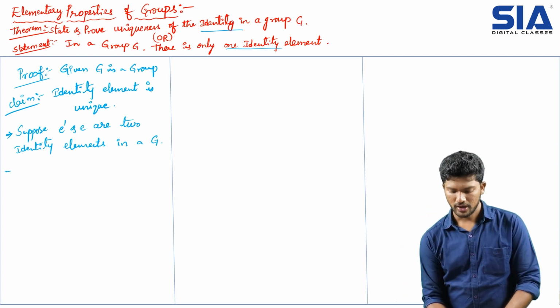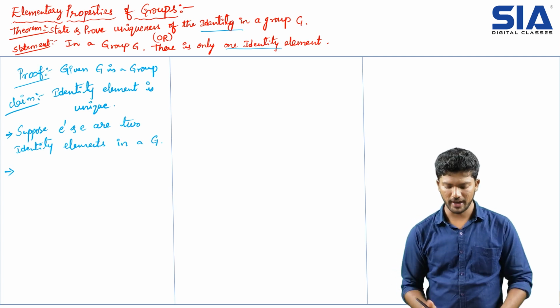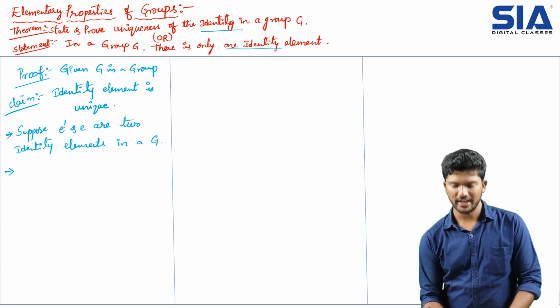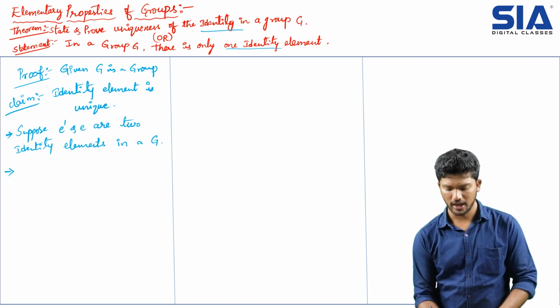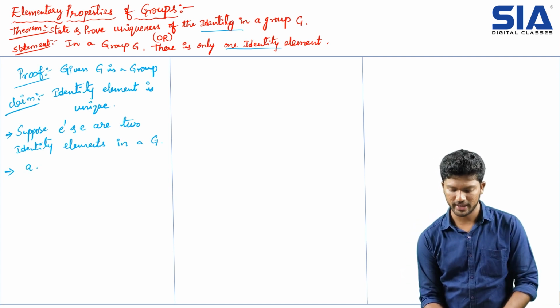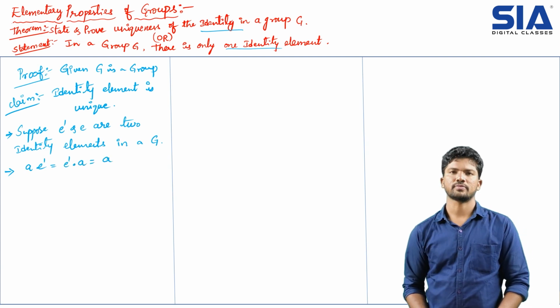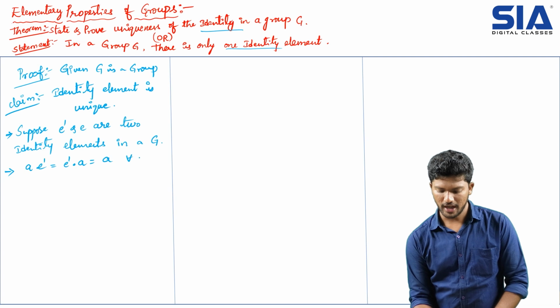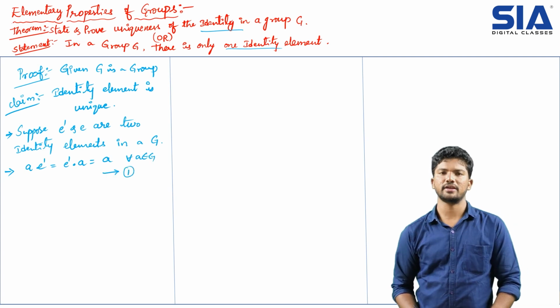Now, according to the definition of the identity property, first for E dash: E dash is an identity element, so we can write a into E dash is equal to E dash into a is equal to a, for all small a belongs to capital G. This is equation number 1.